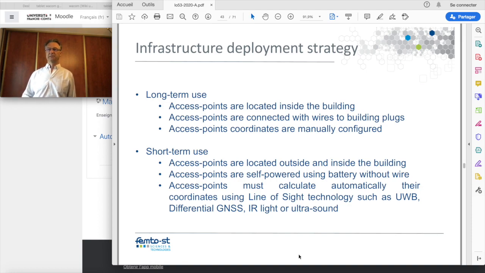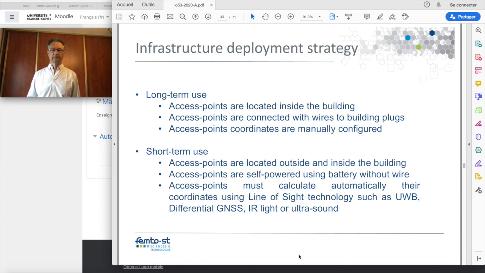And then from this position, you can also define in a second step distances from this outside access point to the mobile device inside the building. So this access point will be self-powered with a battery and without any wire, because you don't have time to deploy it. It's only for short-term use for firemen, for example, or soldiers.